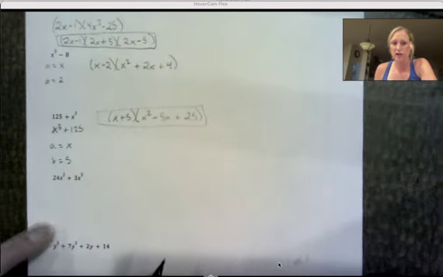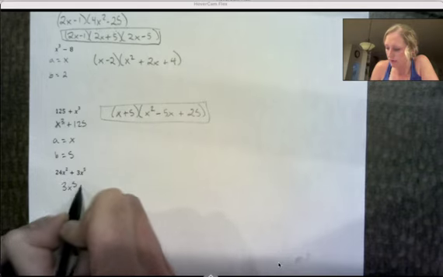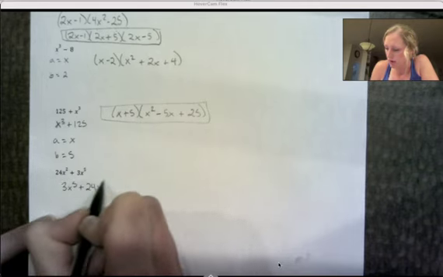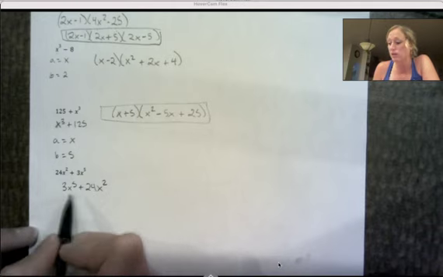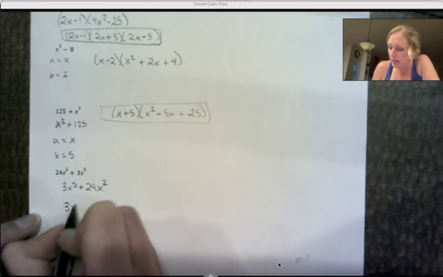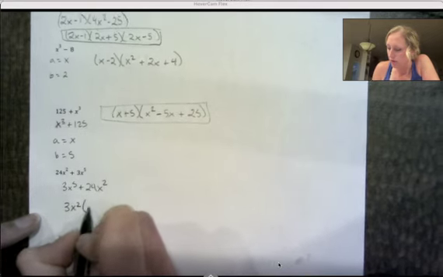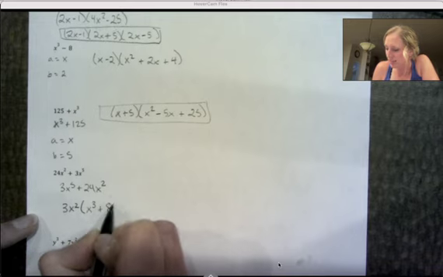All right, here I have two terms. Again, I'm going to write it in standard form. I'm looking, this isn't sum or difference of cubes, but I do have a GCF I could take out of both of those. I could take out a 3x squared, so I'd be left with x cubed plus 8.